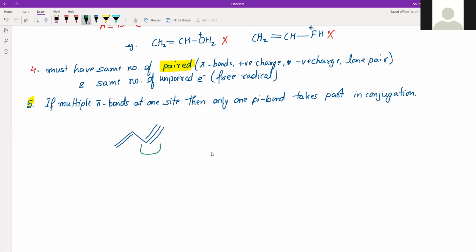So what will happen now? From here, the pi bonded electrons will come here, and that's why this will lose its electron to the next carbon.